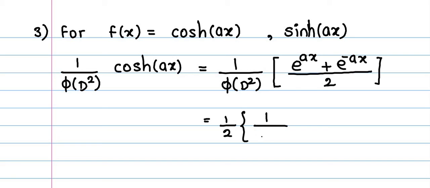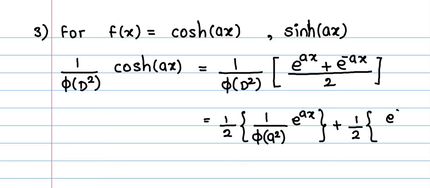We replace d by a as per the shortcut method formula for the exponential function, e raised to ax, plus 1 upon 2 times replace d by minus a. So d square will be replaced by plus a square.